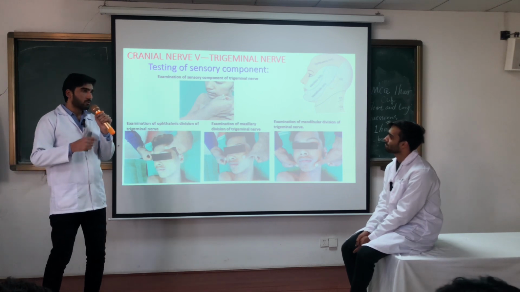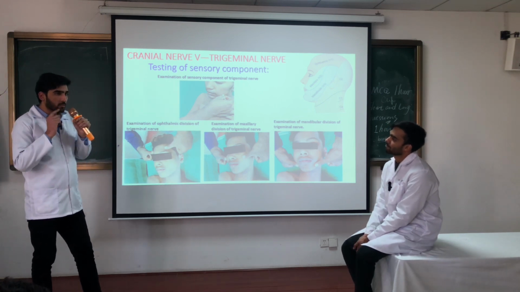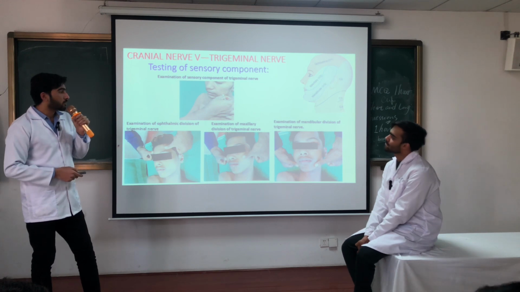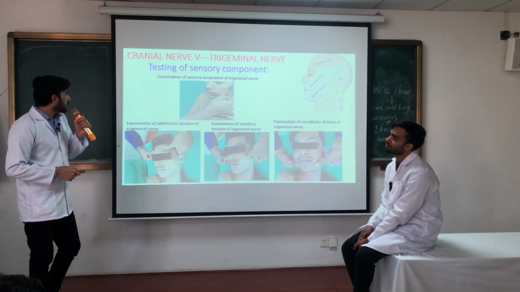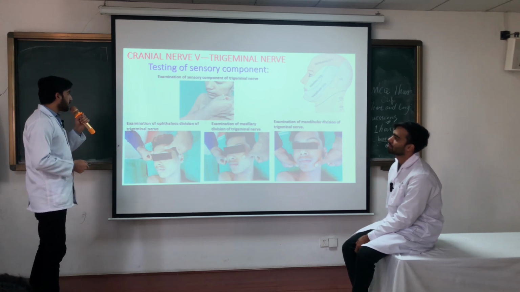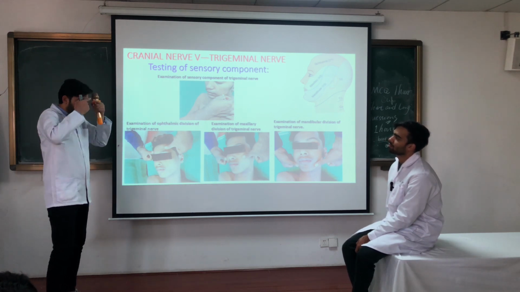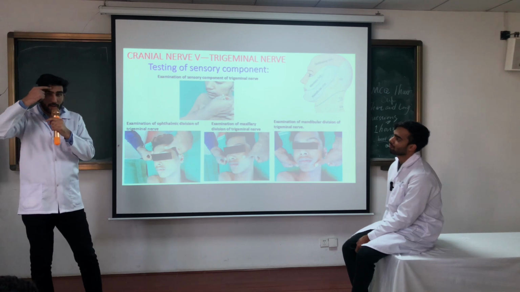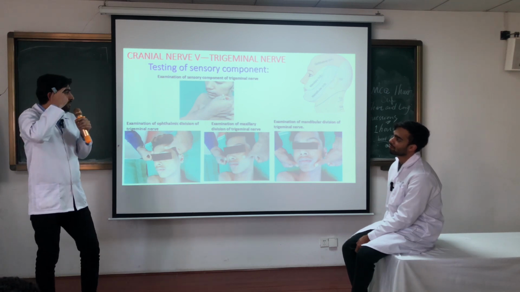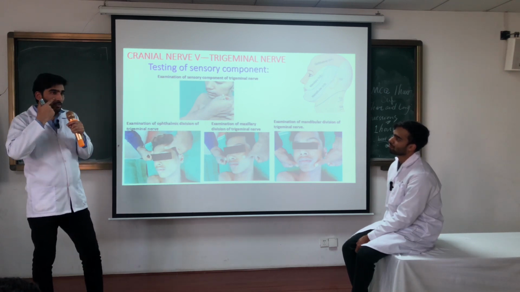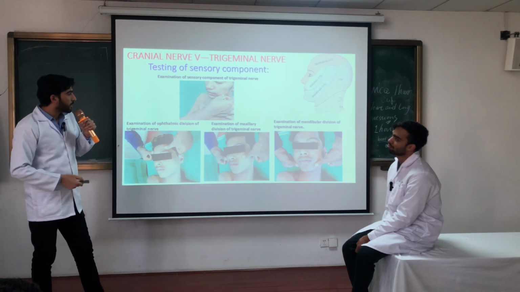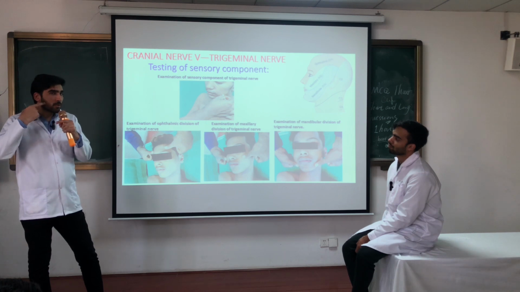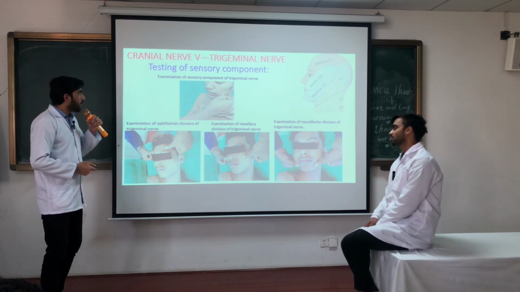We have to touch the patient's face, because there are three divisions of the trigeminal nerve: ophthalmic, maxillary, and mandibular. For examination of the ophthalmic division, we touch the head of the patient; for the maxillary division we touch the face area; and for the mandibular division we have to touch the mandibular area of the patient.